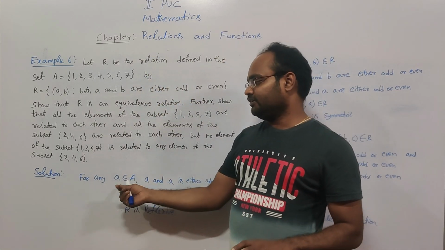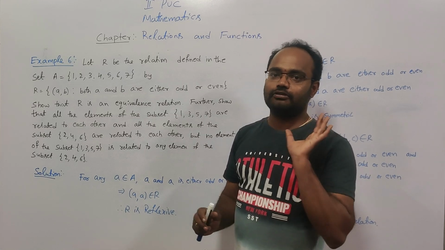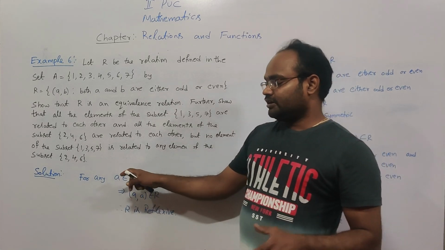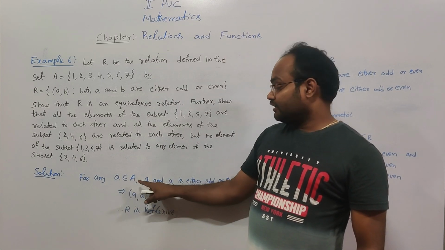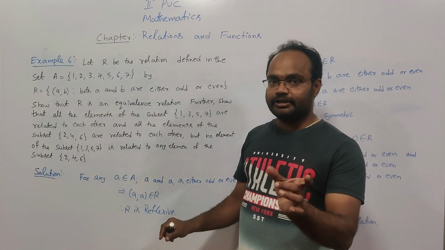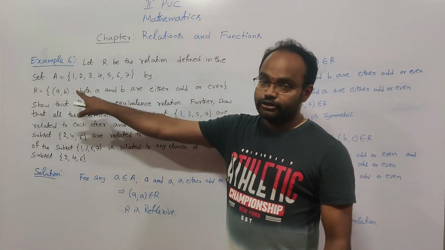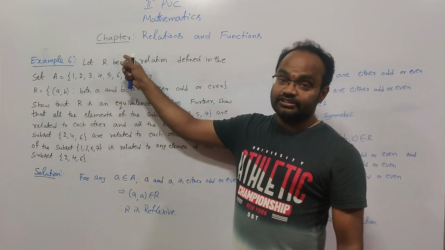To prove reflexive, for every element A of the given set we should have the ordered pair (A, A) belonging to the relation. If you consider any element A and A, for example 1 and 1, both are odd. 2 and 2, both are even. 3 and 3, both are odd.